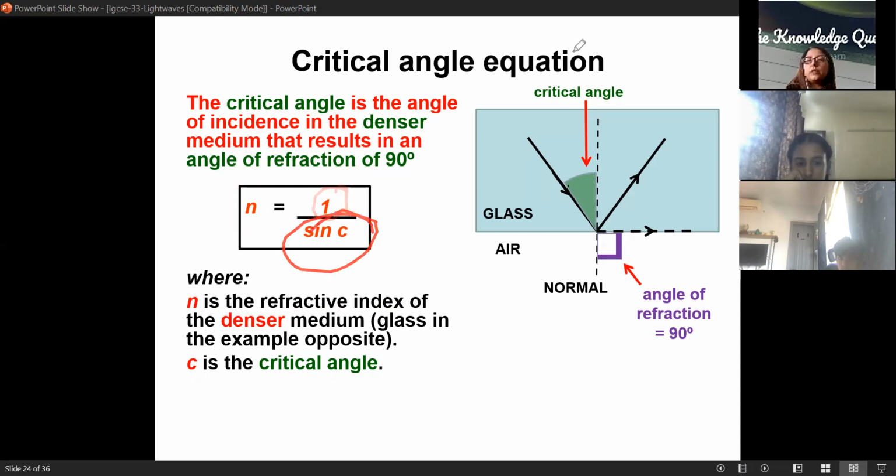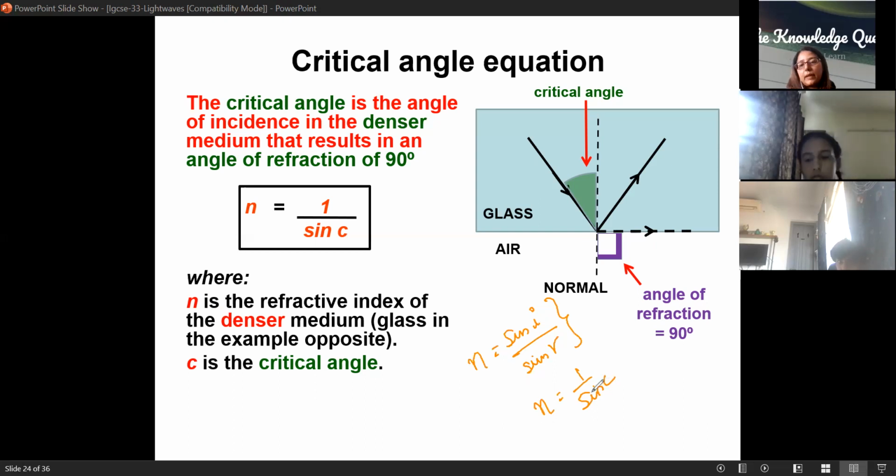तो अब हमारे पास दो फॉर्मूलाज हो गए. एक फॉर्मूला रिफ्रैक्टिव इंडेक्स निकालने का क्या है? एक फॉर्मूला में क्या सीखा था रिफ्रैक्टिव इंडेक्स निकालने का? Sin I upon sin R. N is equal to sin I upon sin R. Okay, this is a case when there is a refraction taking place, right? Now N is equal to 1 upon sin C. ये कब लगेगा हमारा फॉर्मूला?